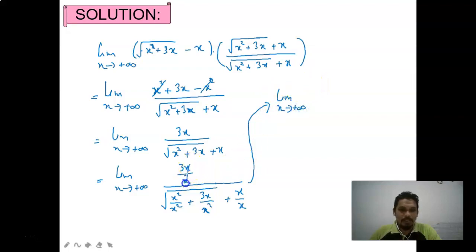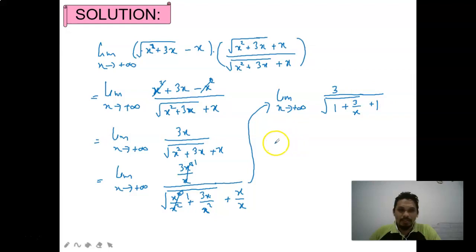So x divided by x equals 1. This is also 1. 3 divided by the square root of x squared divided by x squared, 1, plus 3x divided by x squared, which is 3 divided by x, plus x divided by x equal to 1.